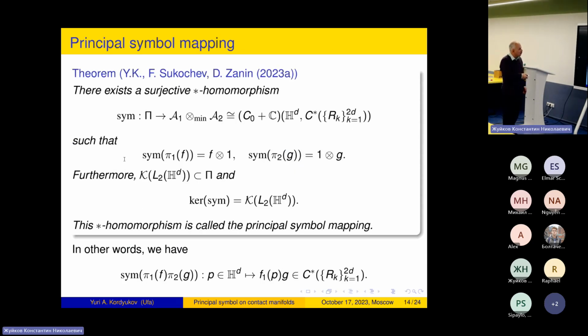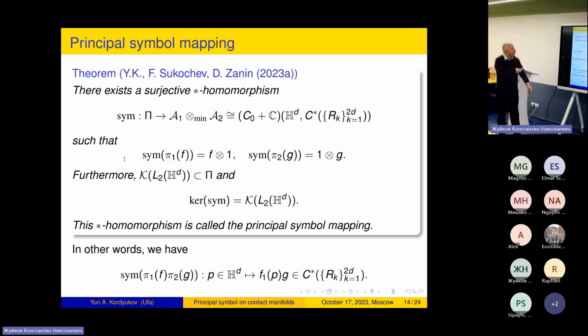And that's really the statement. So we get a surjective *-homomorphism which goes from our algebra to the algebra of symbols. And the algebra of symbols is now more complicated. It's a set of functions.